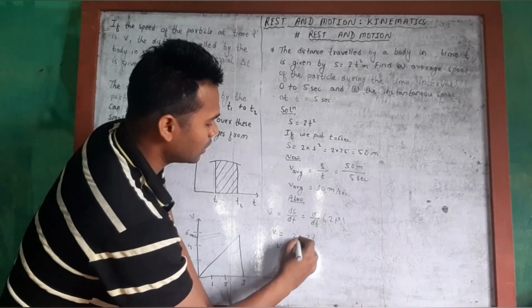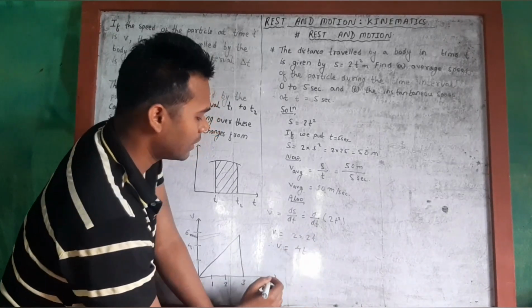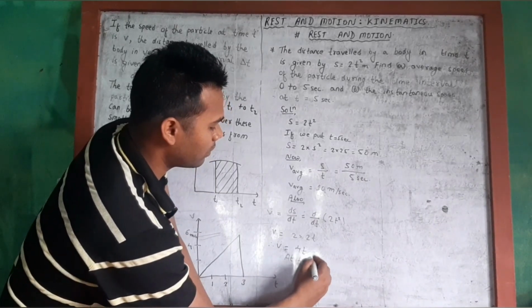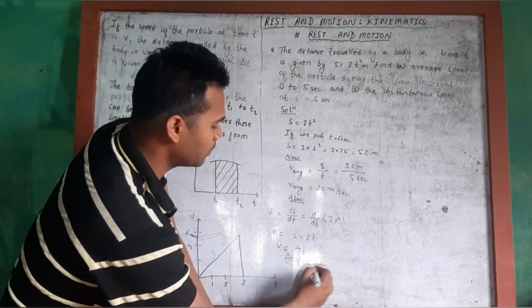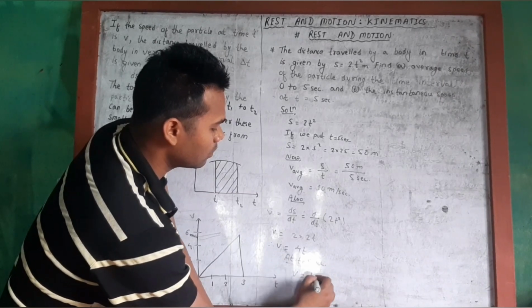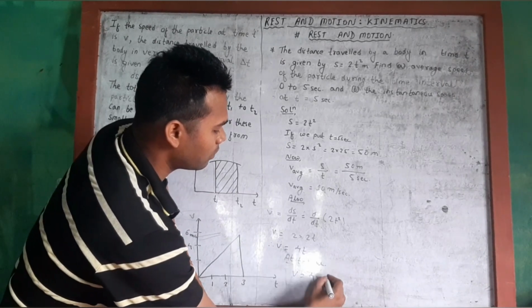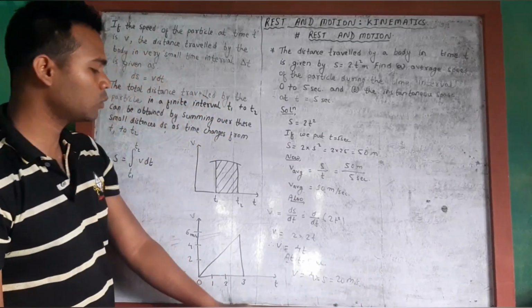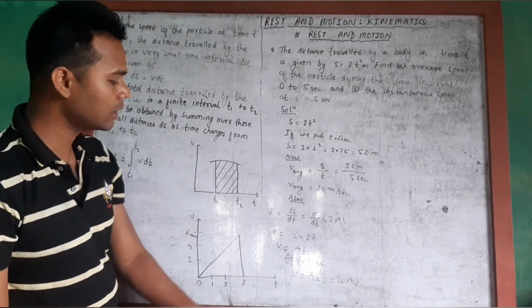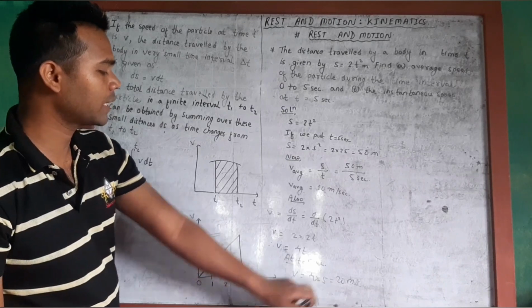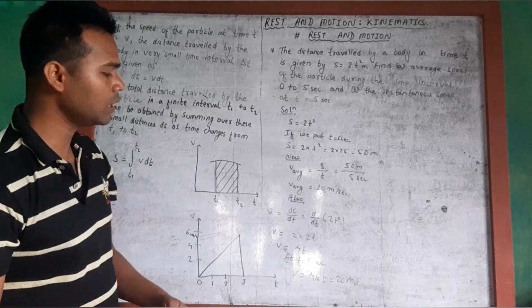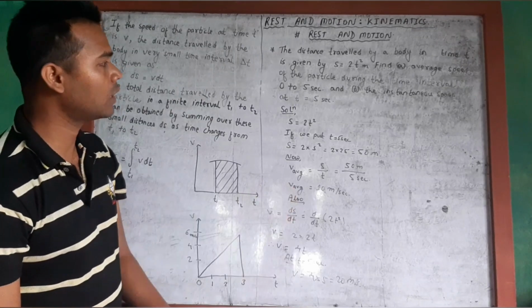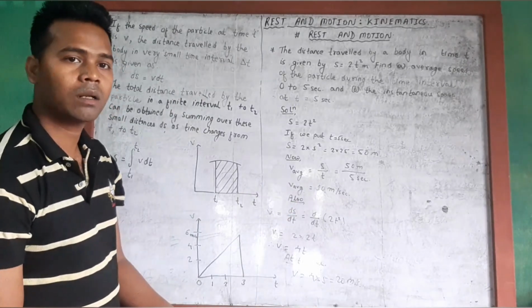Therefore, v is equal to 4t. Now, at t is equal to 5 seconds, the instantaneous speed will be v is equal to 4 into 5, is equal to 20 meters per second. That's why the instantaneous speed at t is equal to 5 seconds is 20 meters per second. In this way, we can calculate the average speed or the instantaneous speed of the body.